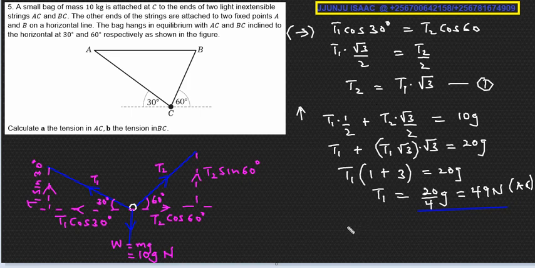Now let us see T2. T2 is equal to T1 times root 3, meaning that we shall get root 3 times 20 over 4 times G. And when you press the calculator, that gives us 85 newtons.